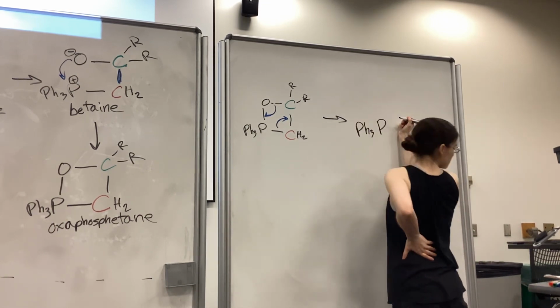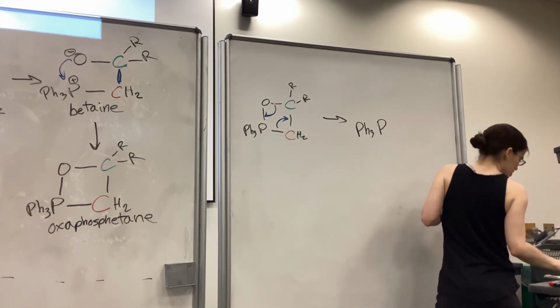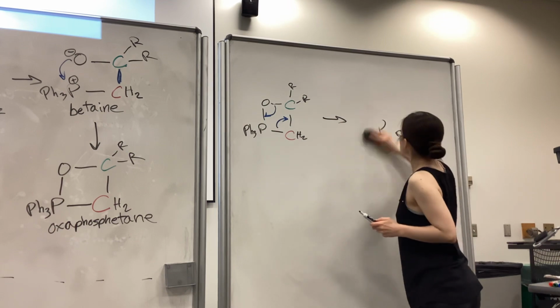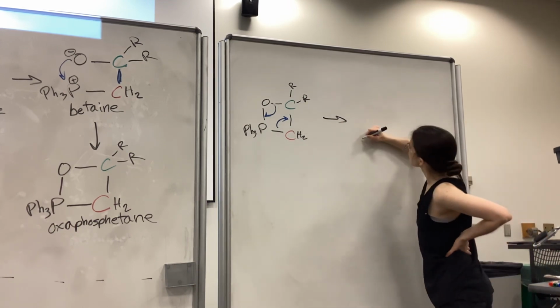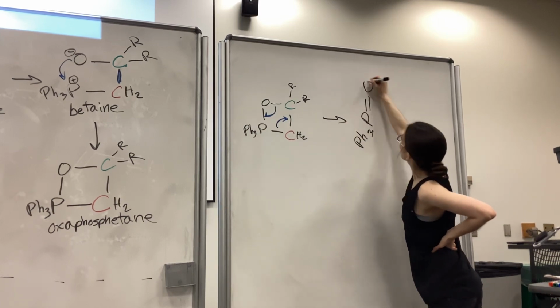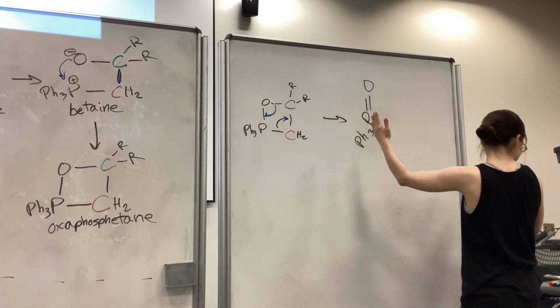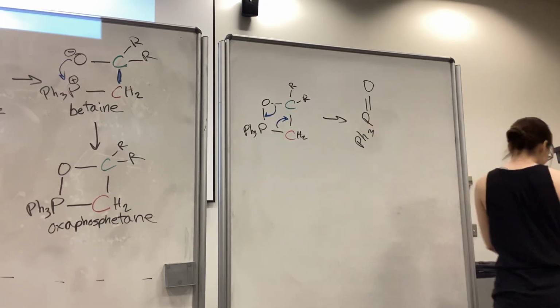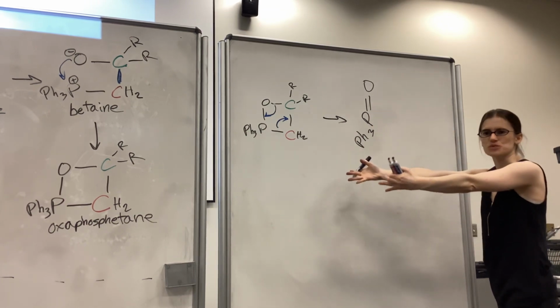So we get Ph3P=O. I don't want to draw it at a right angle because that's ugly, but I want to keep everything where it is because they haven't completely changed, and why spatially rearrange all of this when you don't have to?